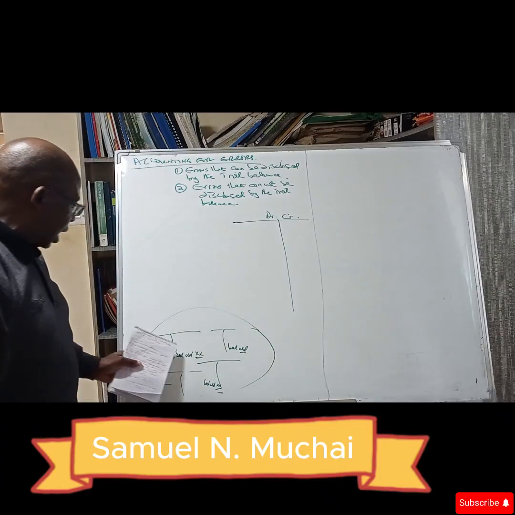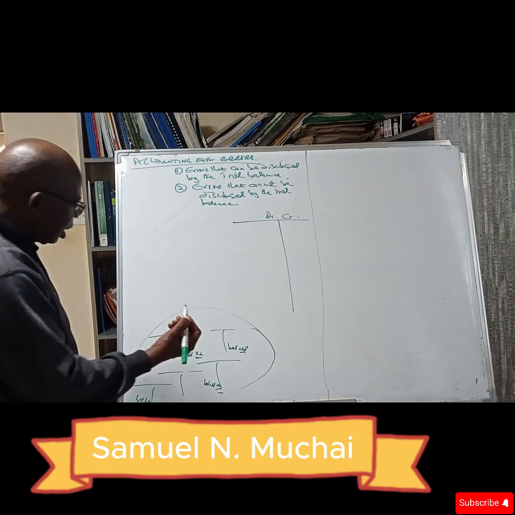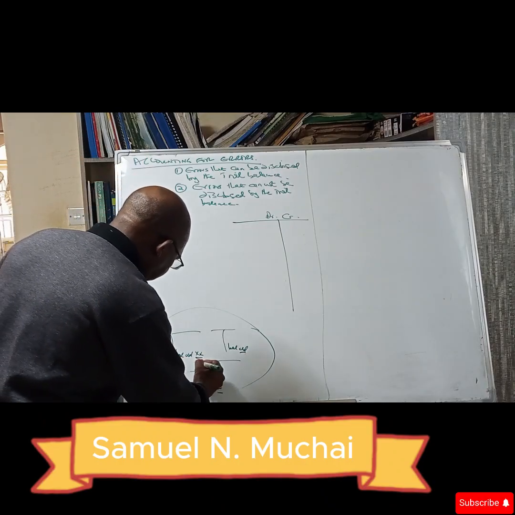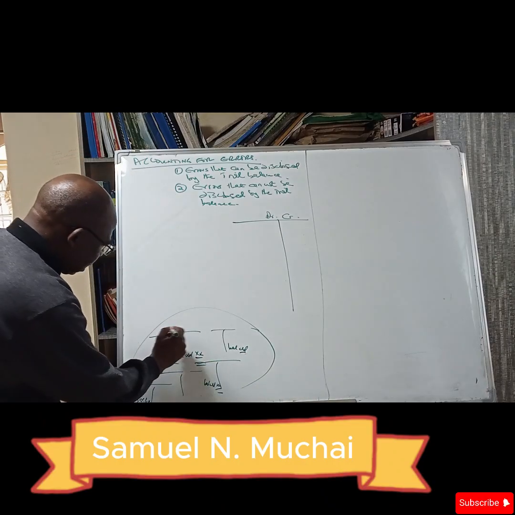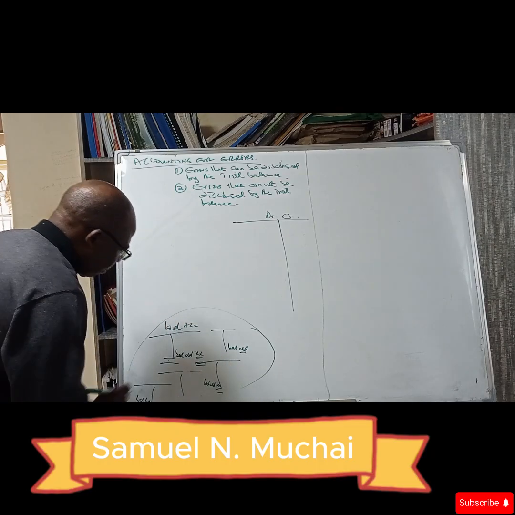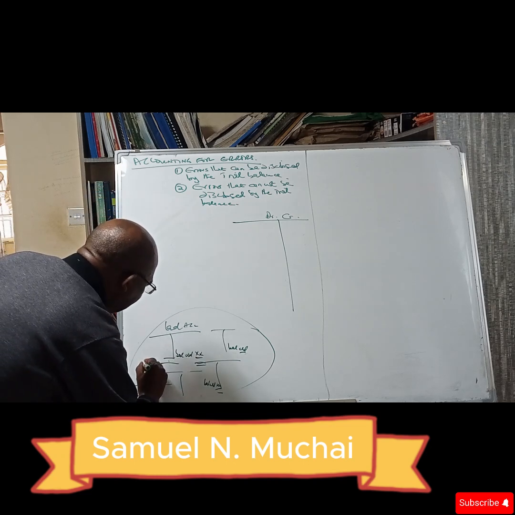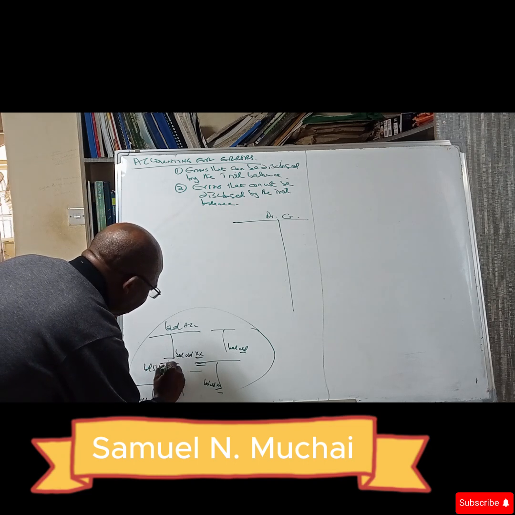Please mark this. Once you get the balance, assume that this was land. Because it's an asset account, the balance carried down is on the credit side and the balance brought down is on the debit side.